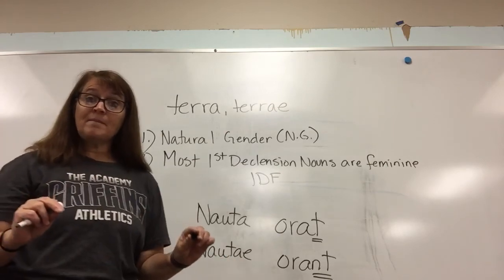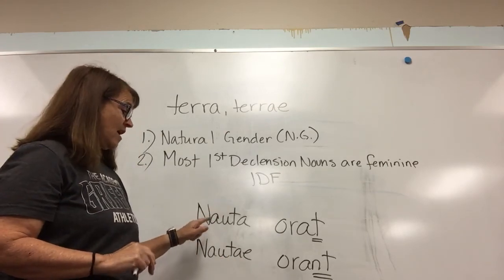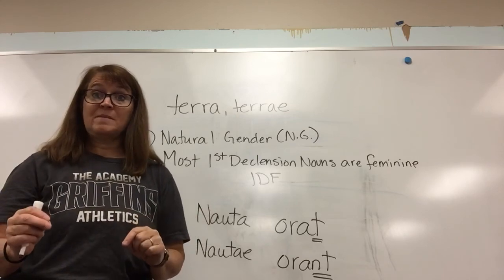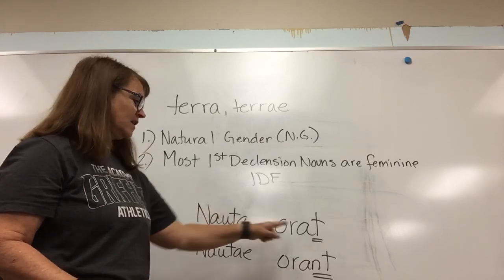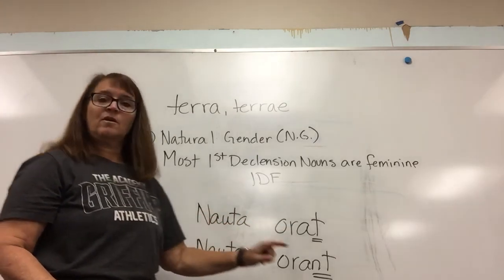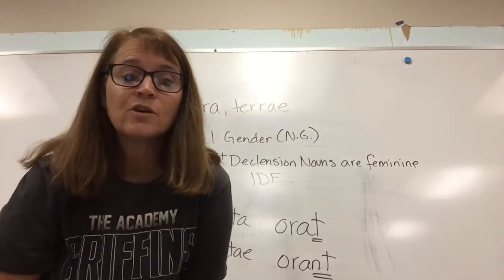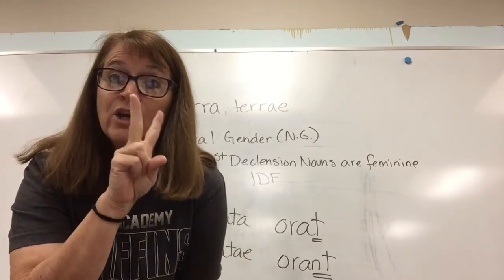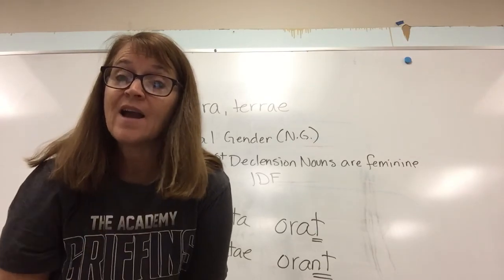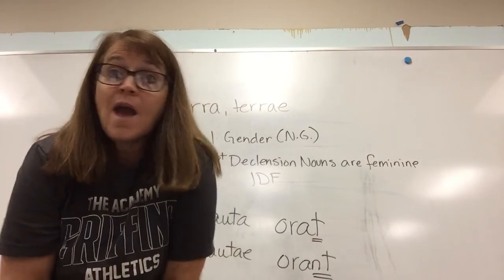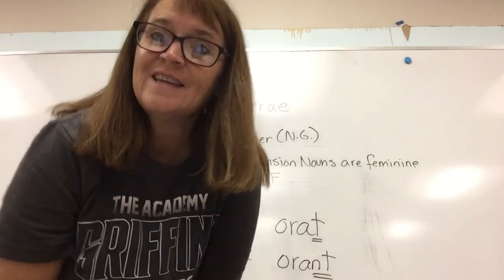So just remember, we call this subject-verb agreement: subject singular, verb singular, subject plural, verb plural. Now I want you to stop the video and do exercises 1, 2, 3, and 5. And if you have to rewatch the video, go ahead. Okay, all right. Valete, discipuli.